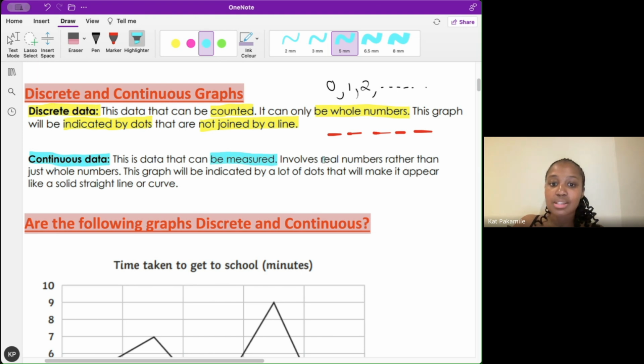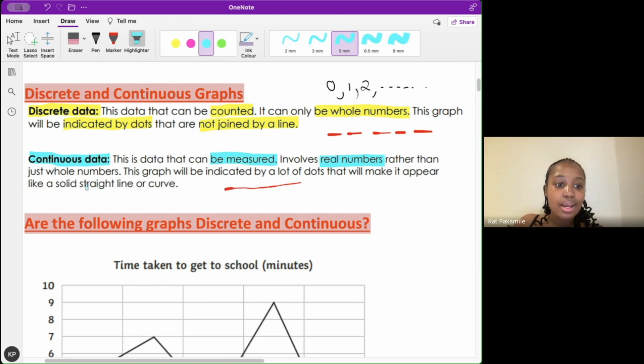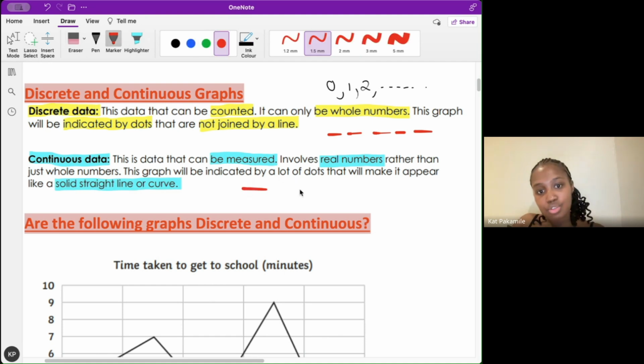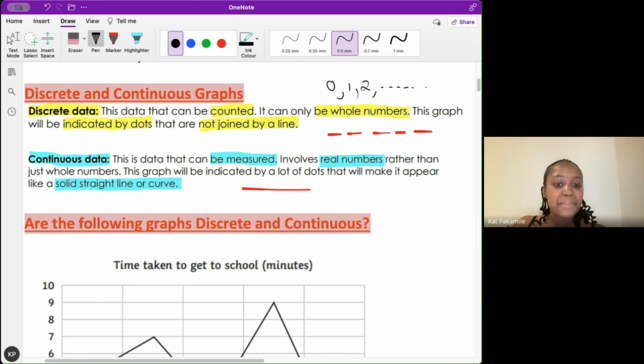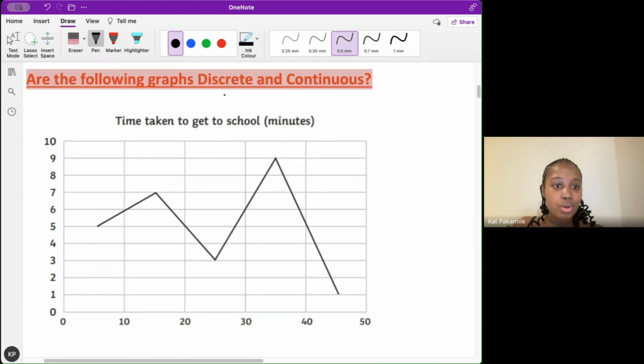All right, so this is involving all real numbers. That means including negative numbers and including fractions and decimals. Okay, so this graph will be indicated by a solid line or curve. All right, so let's go and see what I'm talking about here. I just wanted to fix my solid line. There we go. Let's go through these examples based on the definitions that we have just spoken about.